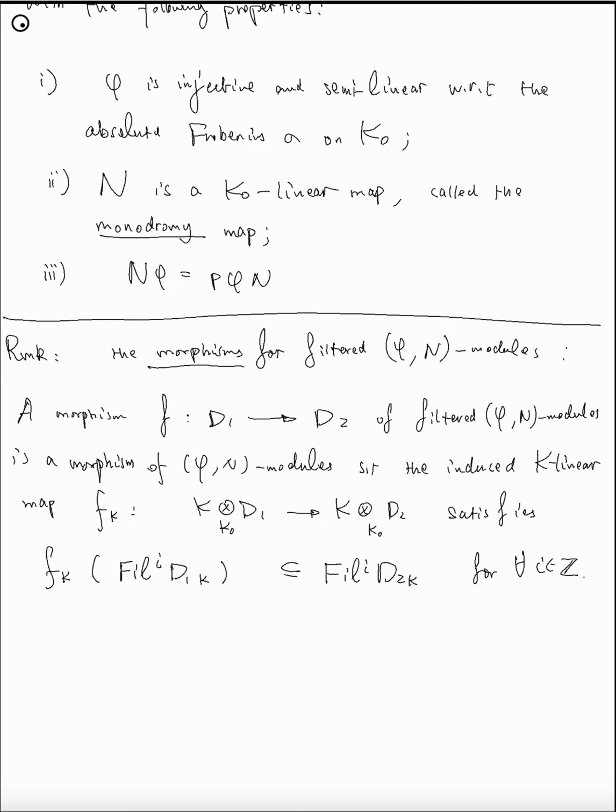So we base change to K because by the definition the filtrations are defined after you base change to K.